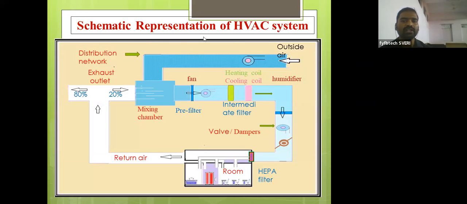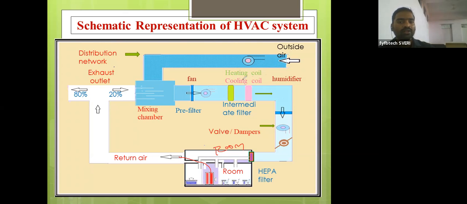This is a schematic diagram representation of the HVAC. This is your system, and this is the room where you are staying. So what will this AC do? Whatever inside air is there is transferred like this, through the return. Around 80% goes outside, and again 20% comes inside. It is mixed in the AC chamber. There is a pre-filter that will filter.